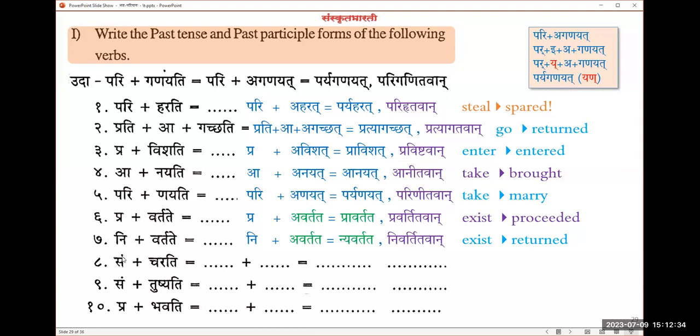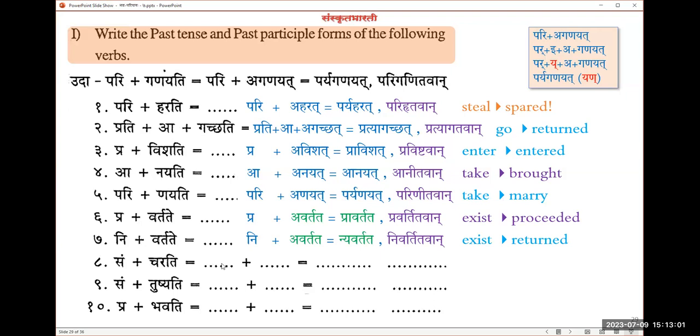It is allowed to remain as anuswara, or you can take the parasavarna route, or whatever it is called. We can pronounce samcharati like that, no? Sancharati, half kind of. We don't put the ma. We don't try to close the lips.